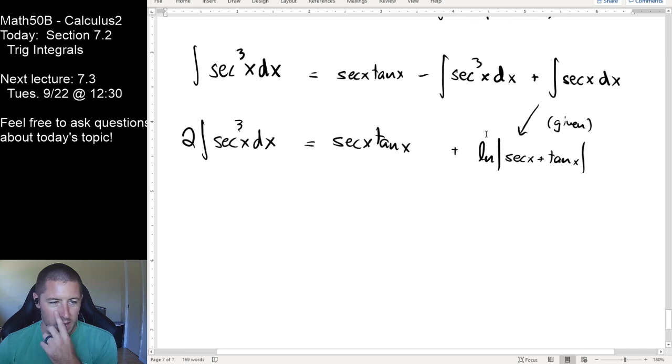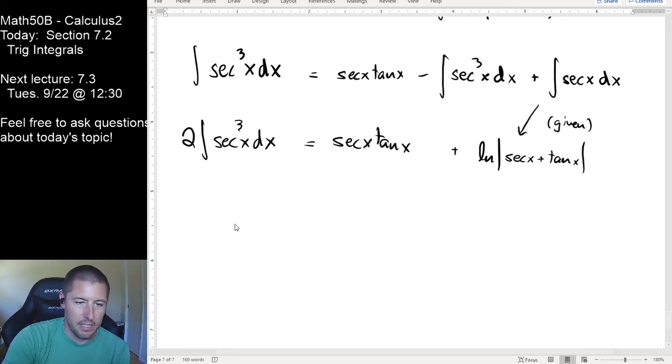So the book justifies this, but it's a tougher one, and so I approve of the book just saying, listen, here's the integral of secant right here, and here's how we got it. It's a little bit of a hairy one. So the point is, here's our UV minus this is our SVDU. One of the parts of our SVDU was actually what we're trying to solve for the whole time, so I added it over so we have two copies. The other part was one that was given to us before.